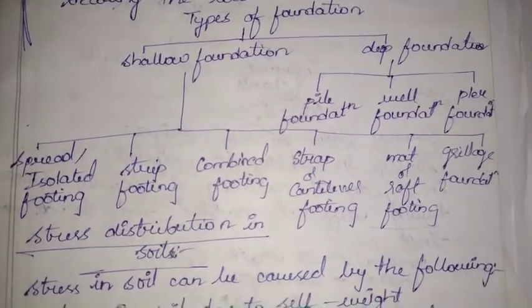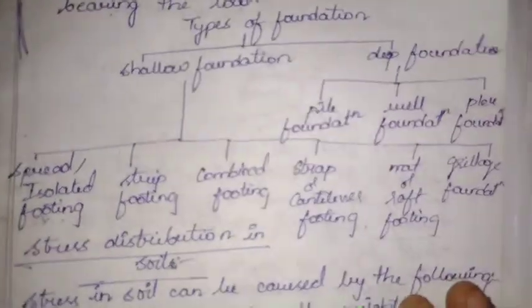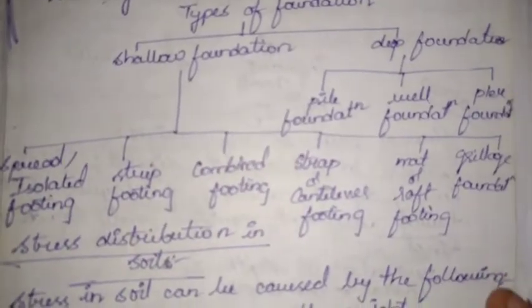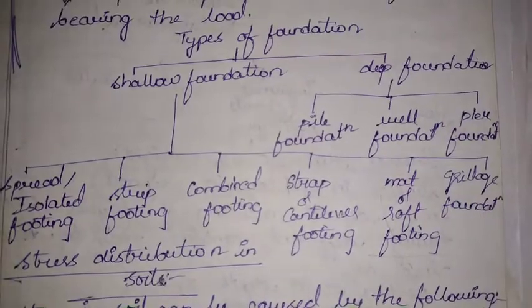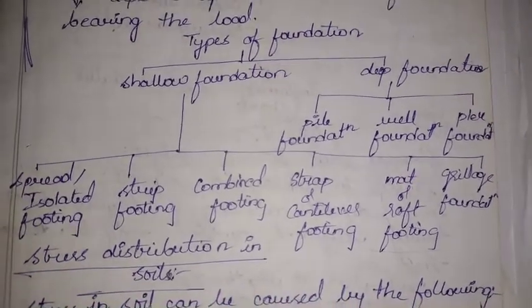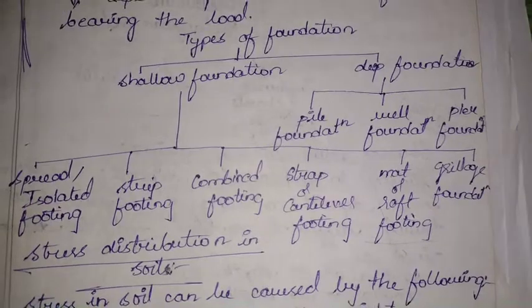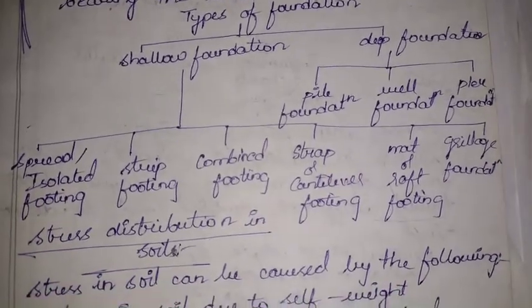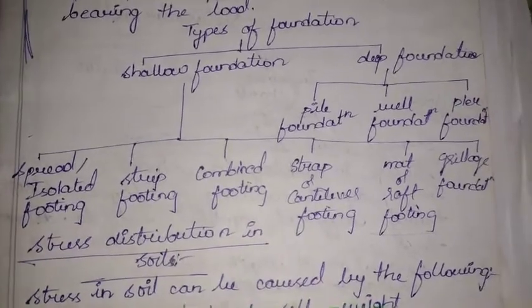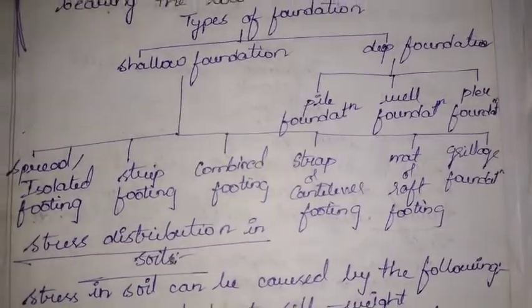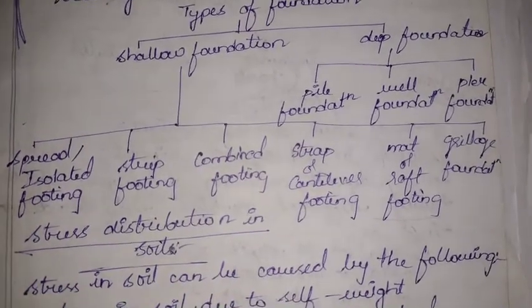In shallow foundation we have spread or isolated footing, strip footing, combined footing, strap or cantilever footing, mat or raft footing, and grillage foundation. Whereas the deep foundations are subdivided as pile foundation, well foundation and pier foundation. We will see the explanation of these in our upcoming videos, but as this is an introduction, I am just giving the names.